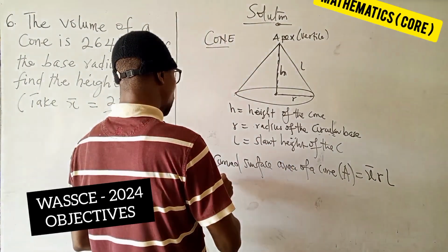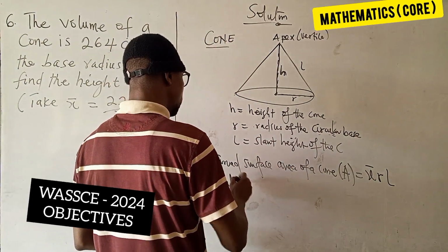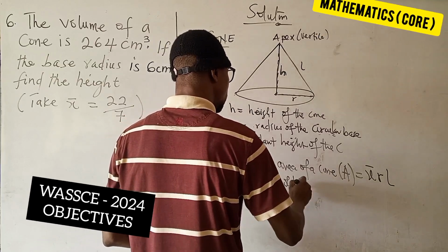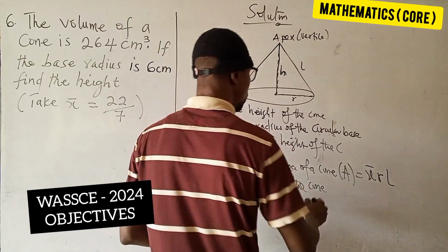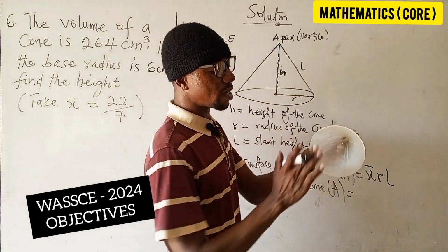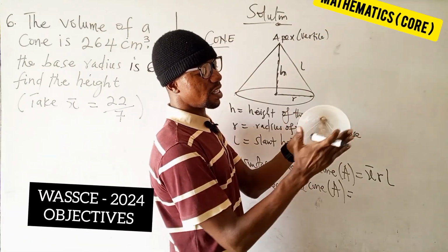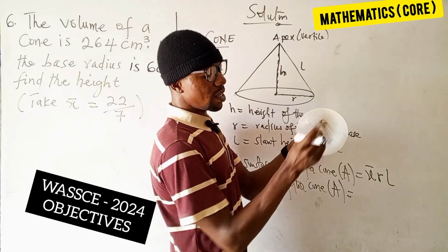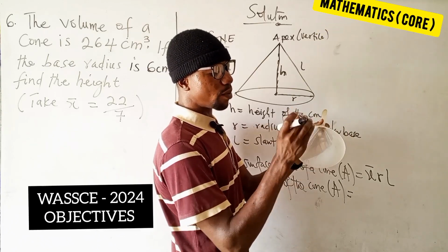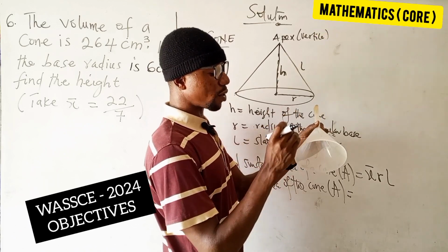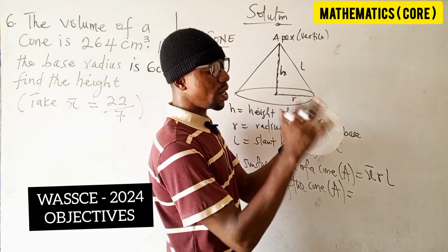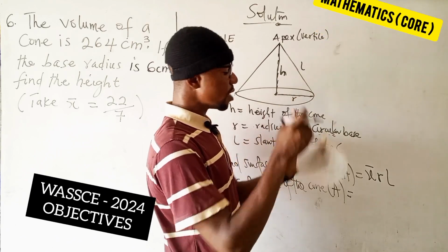We can also be asked to calculate the total surface area of the cone. The total surface area simply means that the cone is closed. This part is closed, here is hollow. When the base is closed, we will have a circular base with the area of a circle.